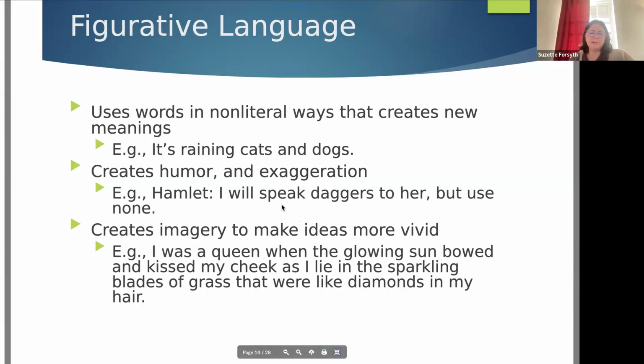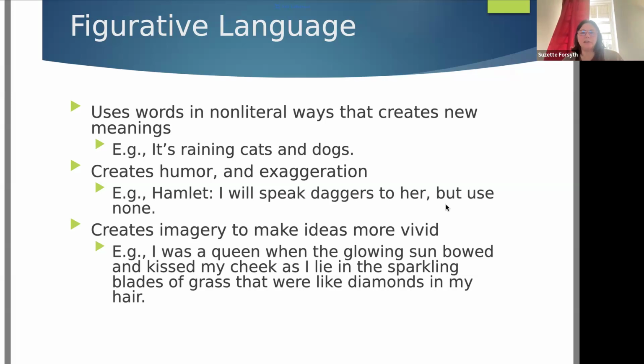Going back to Shakespeare here, Hamlet says, I will speak daggers to her, but use none. So, can you speak daggers? What Shakespeare means is he will say nasty things to her. That is like cutting, like if you stab someone in the heart, right?